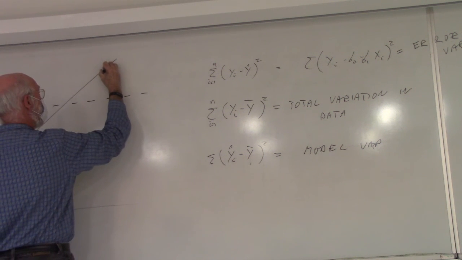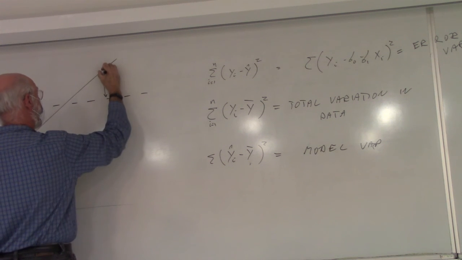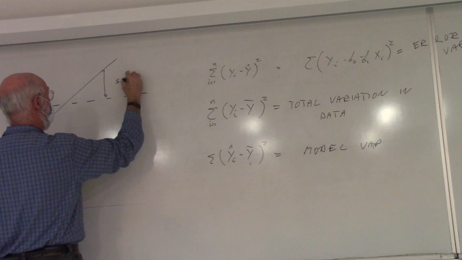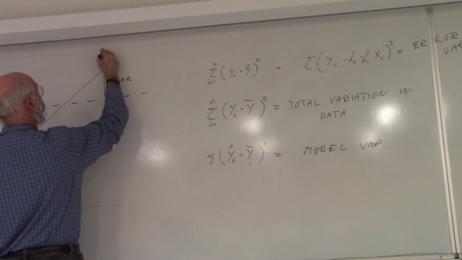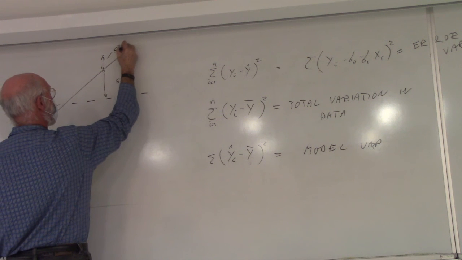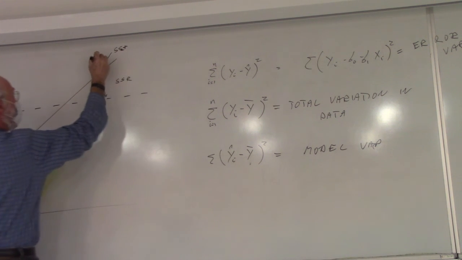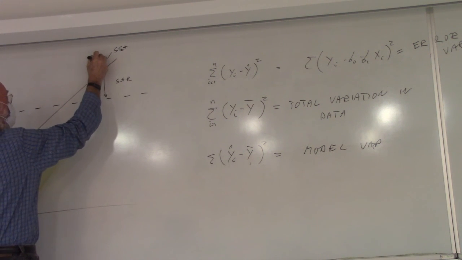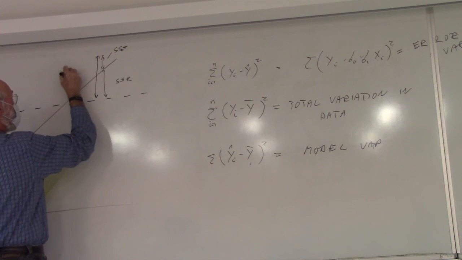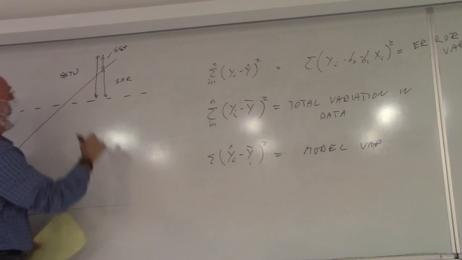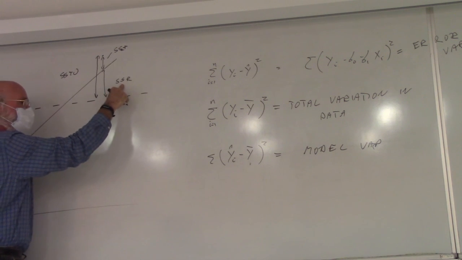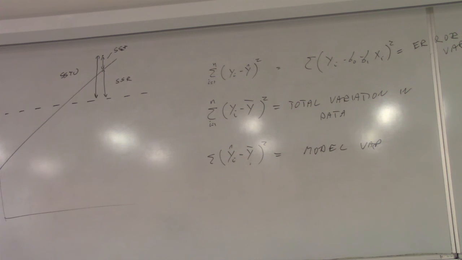That term, that distance right there is my SSR. That distance right there is my SSE. And then that distance right there is my SSTO. There's my total variance, my error variance, and my variance attributed to the regression.